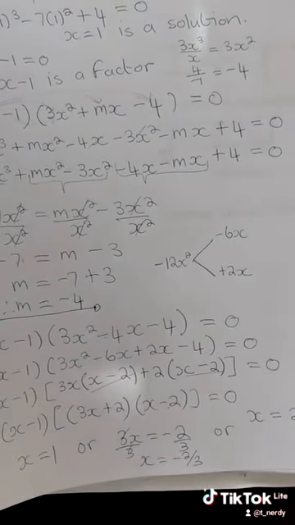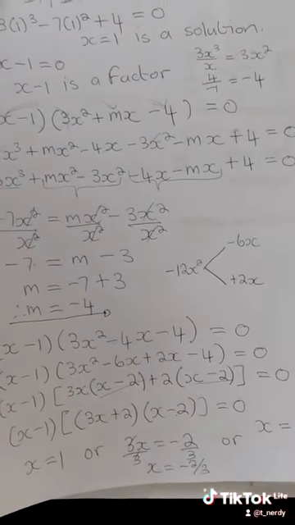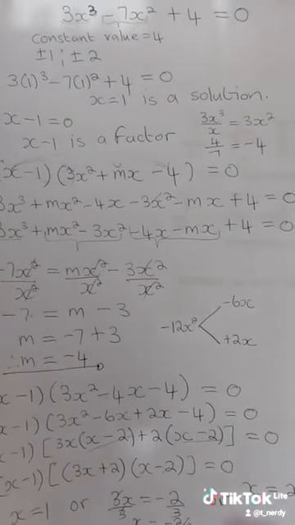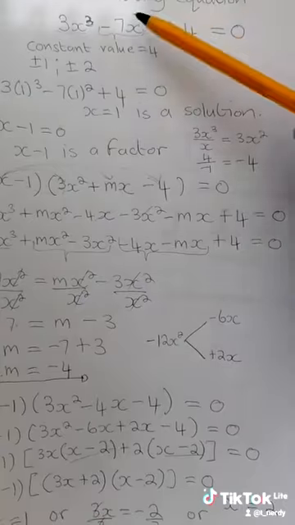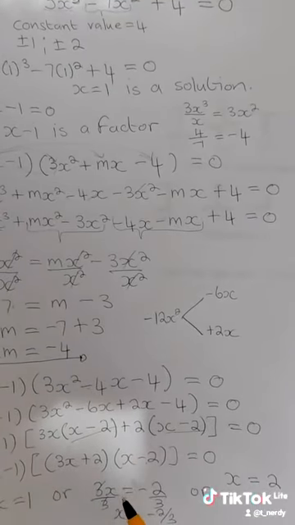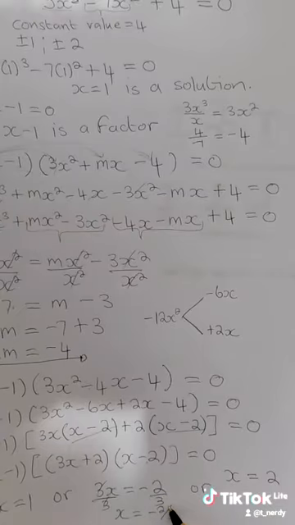So it means that our solutions to our original problem, which is there at the top, are x is equal to 1, or x is equal to negative 2 over 3, or x is equal to 2.